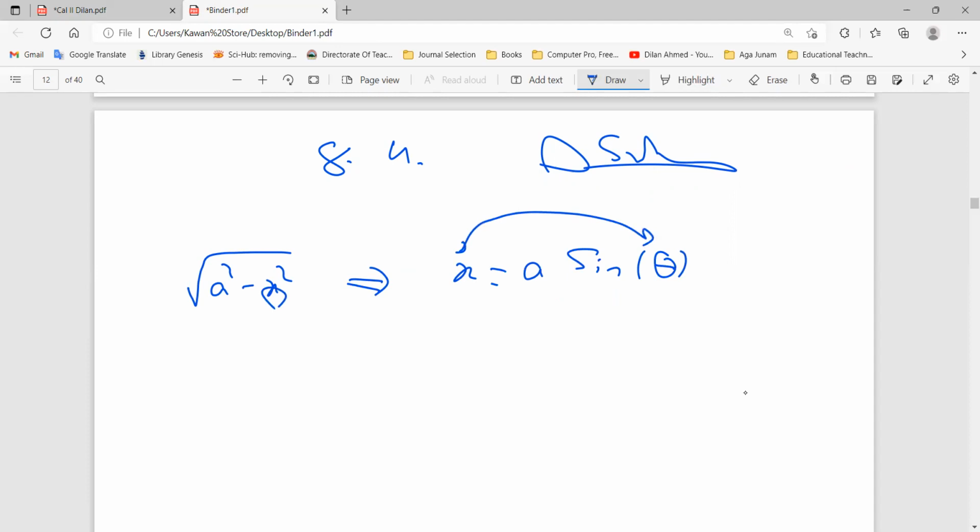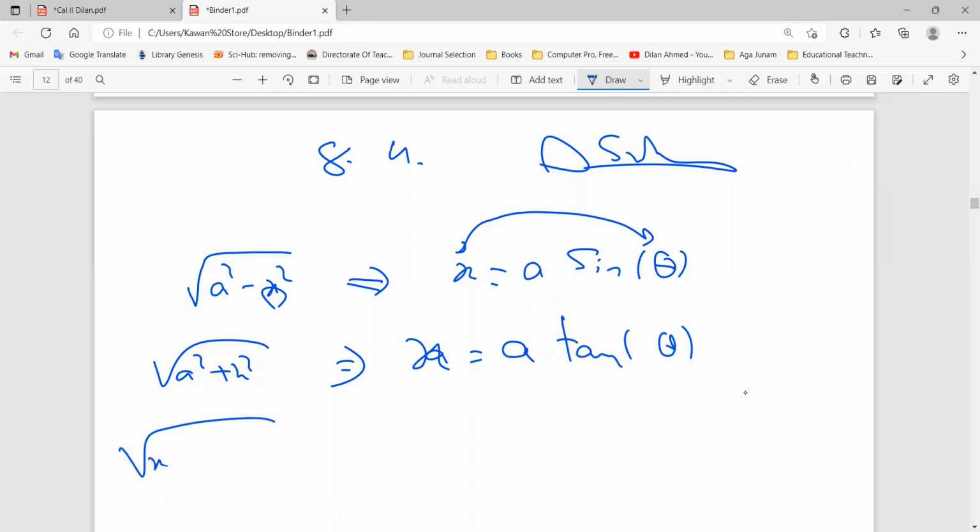Before you start to solve anything, you should recognize whether it's sine, or tan, or secant. So I'm going to change x to sine theta, or tan theta, or what? Secant of theta. Understood? That's the first idea.